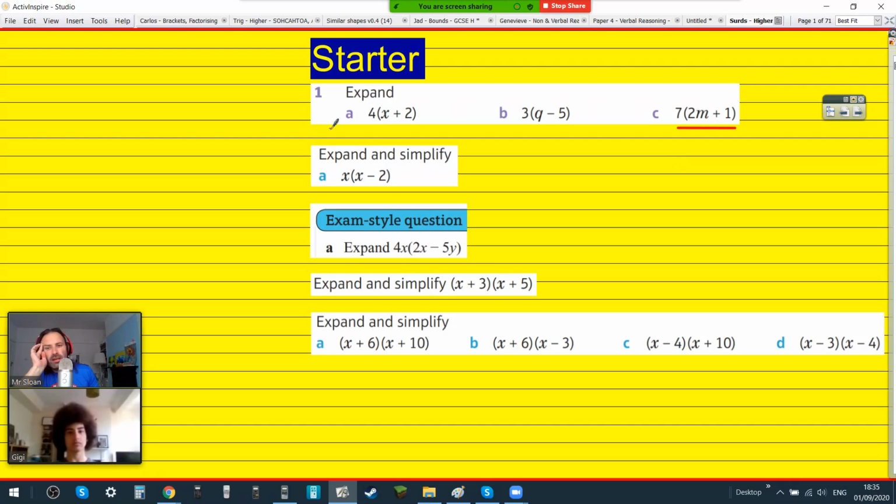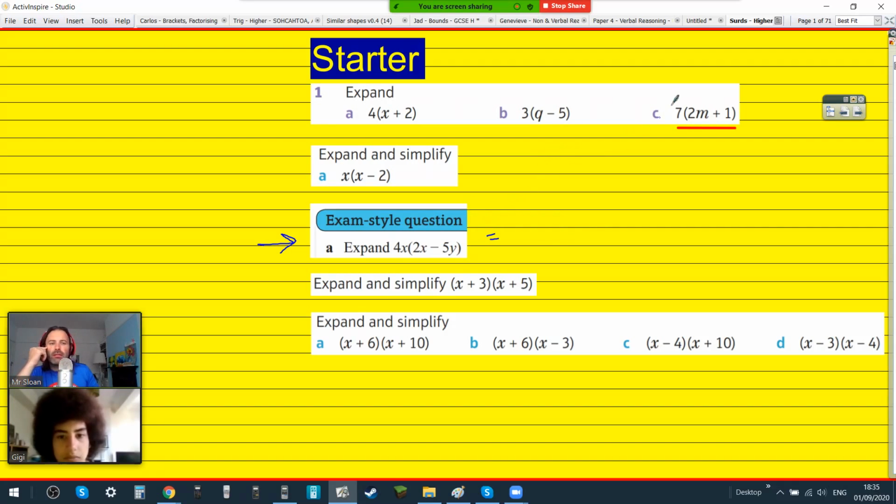Starter. Okay, what's this question? This is an exam style question. All right. Expand 4x times (x minus 5y). It'd be 6x minus 5y.